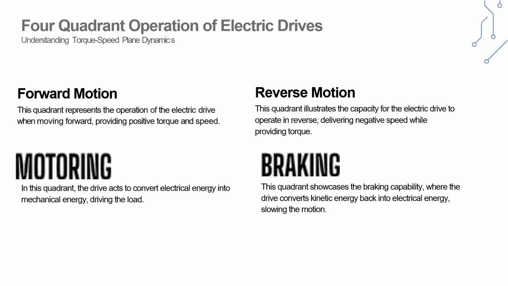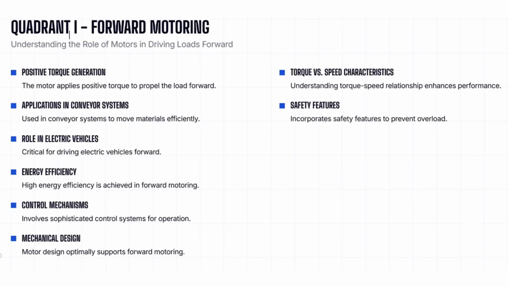Understanding four-quadrant operation is crucial because it allows us to design systems that can operate efficiently in all possible scenarios. For example, in electric vehicles, regenerative braking helps recover energy that would otherwise be lost as heat, improving the overall efficiency of the vehicle. Now that we understand the four quadrants, let us look at some real-world applications.